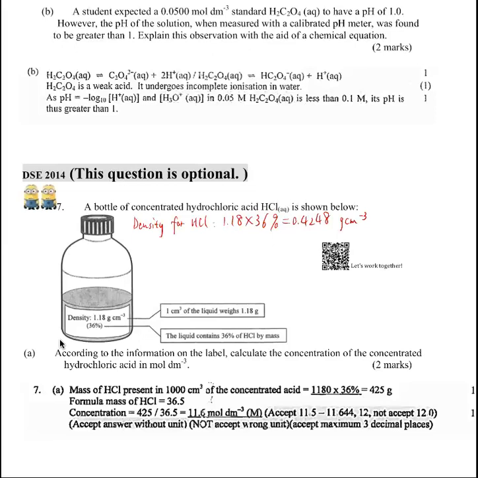Now the question asks you to express the concentration in mole per dm cube. Again, you need to do two things. First, you need to convert gram into mole. Second, you need to convert cm cube into dm cube. Let's deal with gram first. To convert gram into mole, we just need to divide by its molar mass.